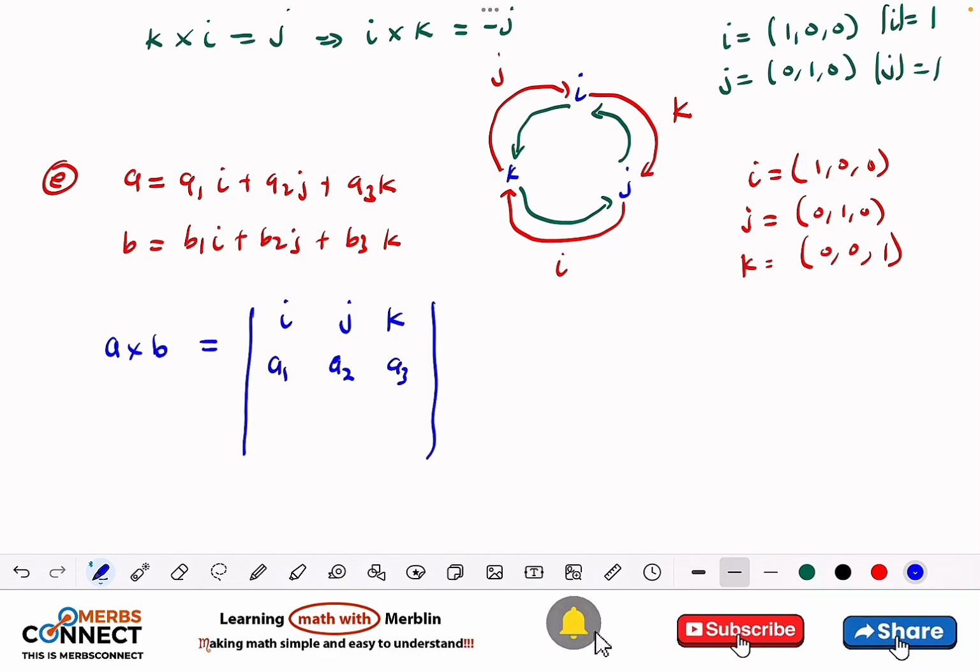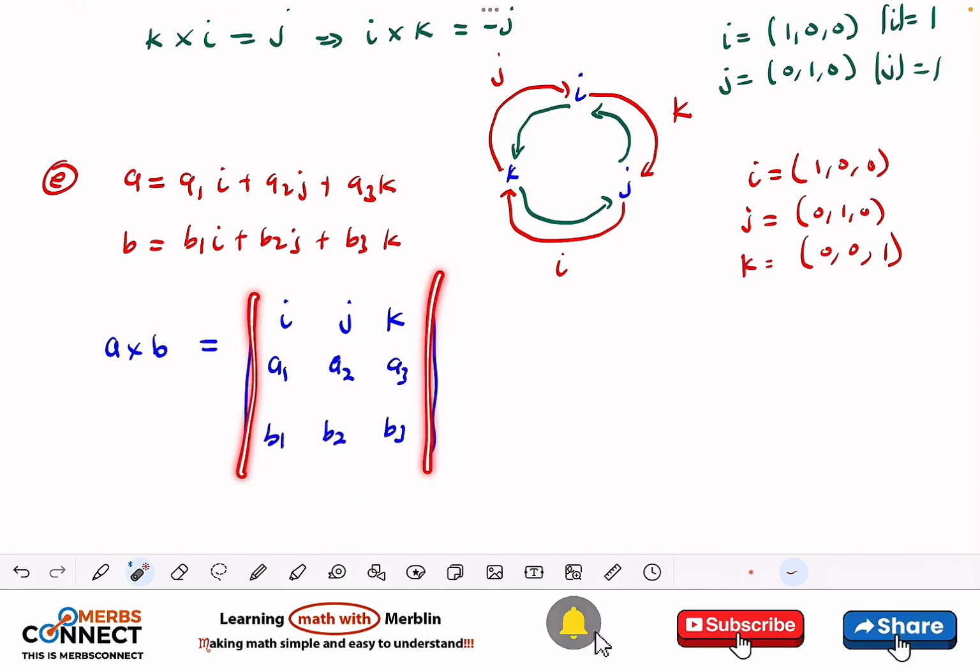And then the second vector is b1, b2, b3. So here we should be able to find the determinant. What you are seeing here is the determinant. We are trying to find the determinant of that, right? We know how to do the determinant, right?